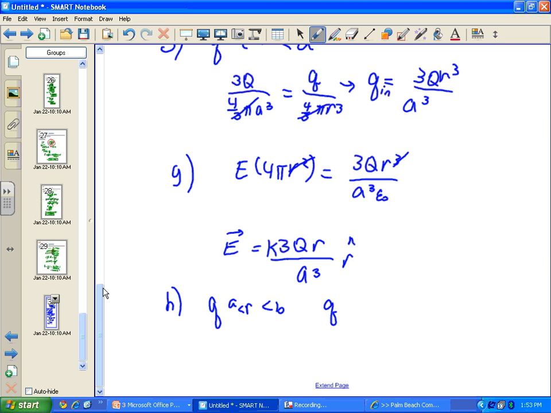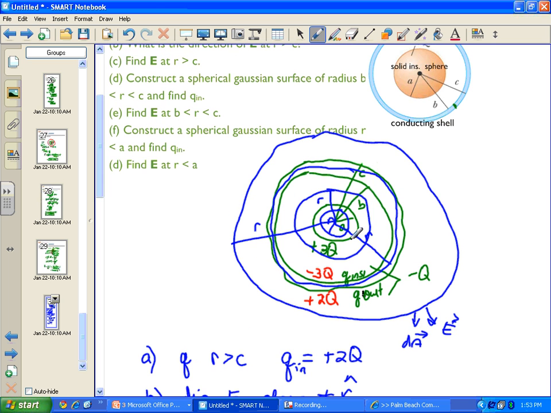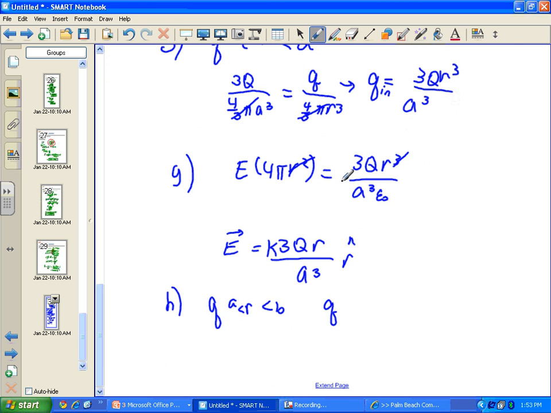In this case, you can see that the only charge inside here is plus 3Q, since that is the total charge on the insulating sphere, and none of the conducting charge is inside. So plus 3Q.